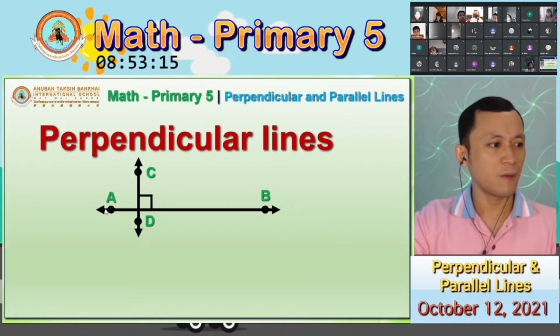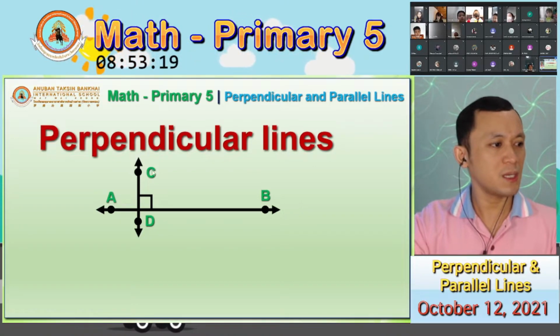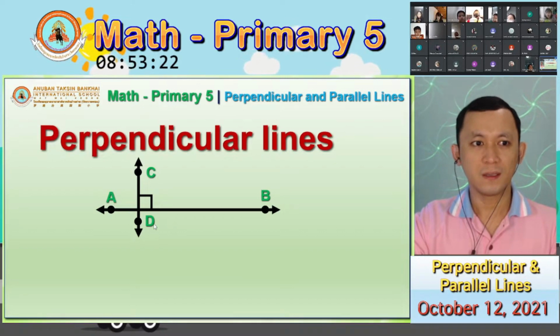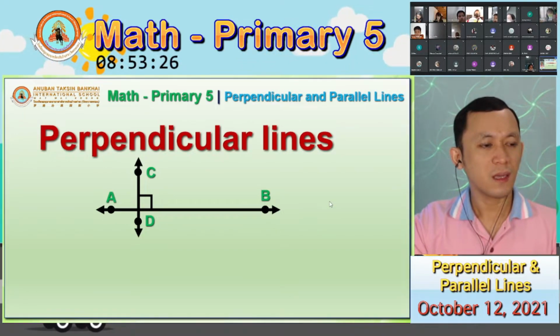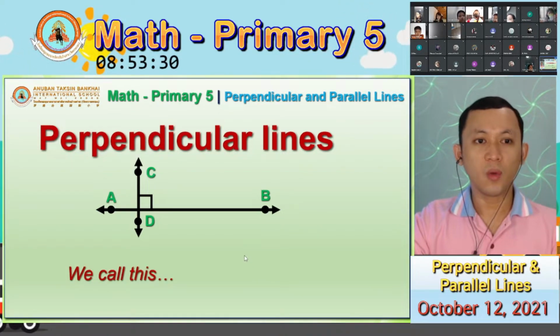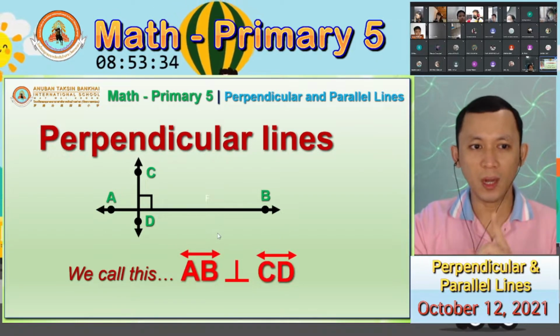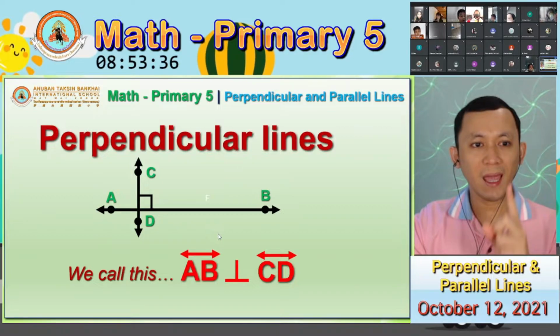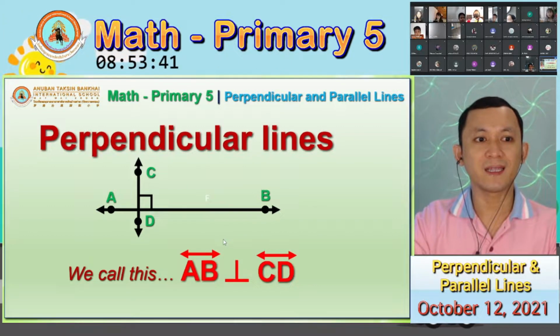So now let's say we have point A, point B, point C, and point D. So we have line AB and line CD. Everybody listen, we call this: line AB is perpendicular to line CD.